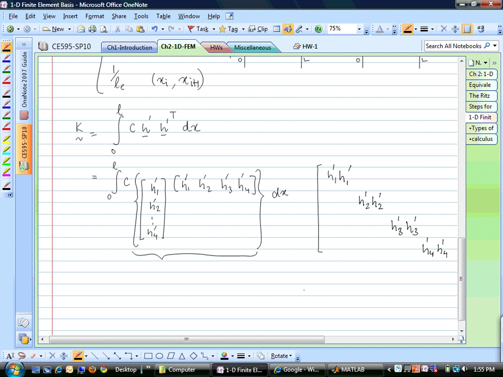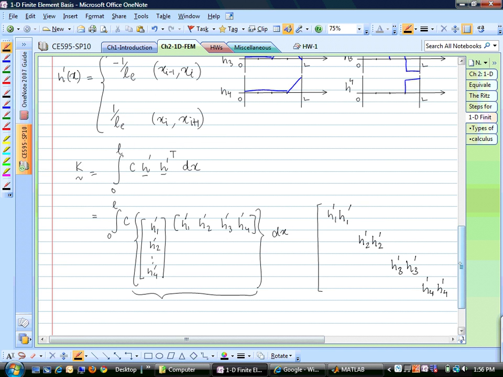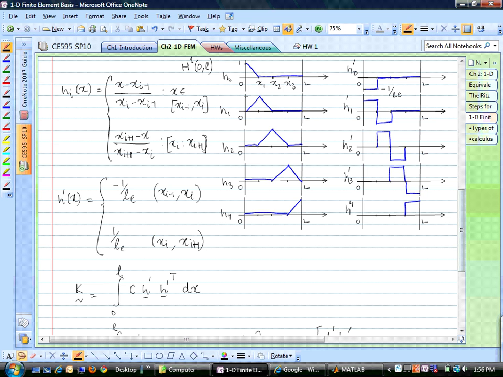So how about H1, H2 prime? If you take a look at this, this is the H1 prime function and H2 prime function. That term will go into the 1, 2 column of that stiffness matrix.